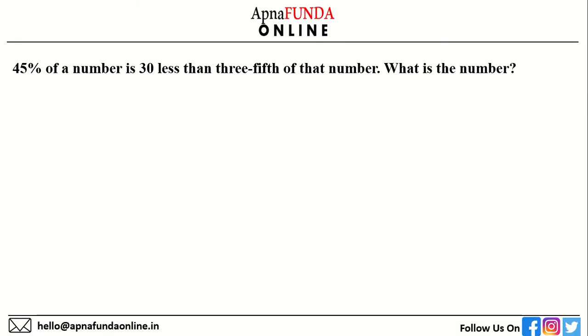First question. 45% of a number is 30 less than 3/5 of that number. What is the number? So let the number be x. 45% of a number, so 45% of x. 45 by 100 into x is 30 less than 3/5 of that number.